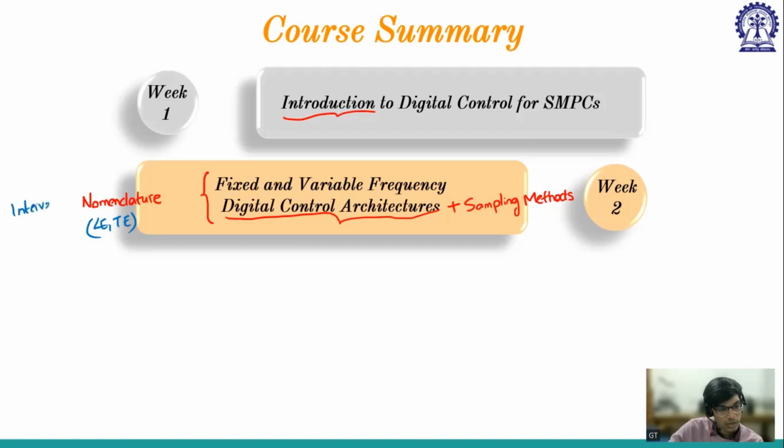All these things we discussed, and we also solved a few problems based on understanding these concepts. Given a digital control architecture, how can we identify which architecture it is? How will we know it is voltage based or current based? How will we know it is analog?